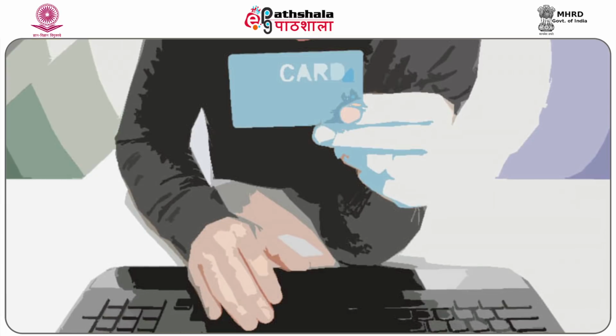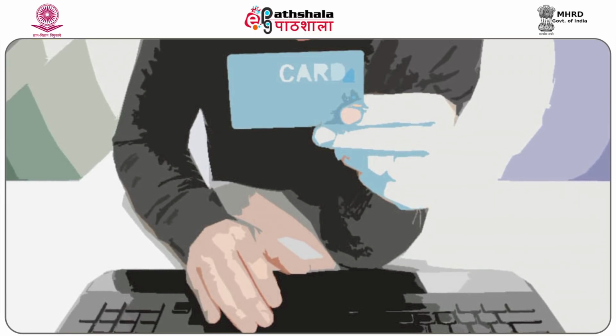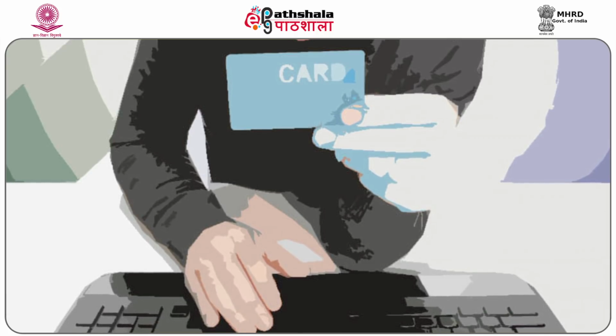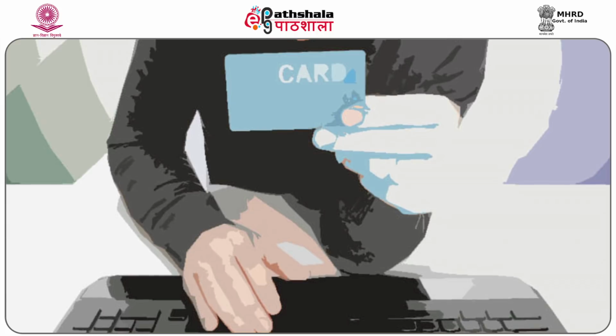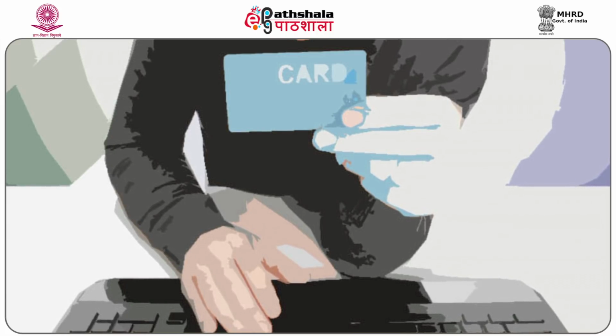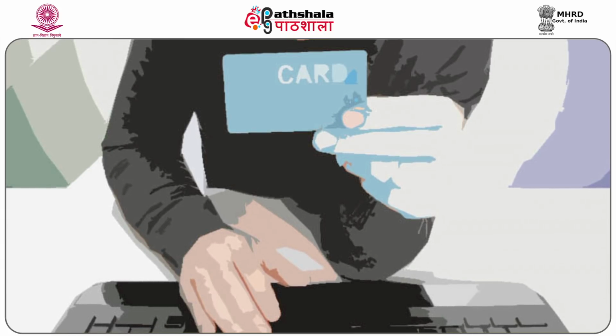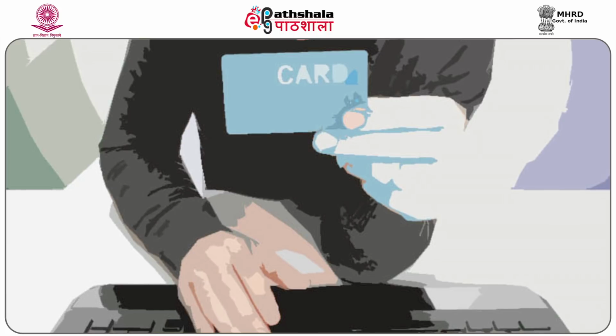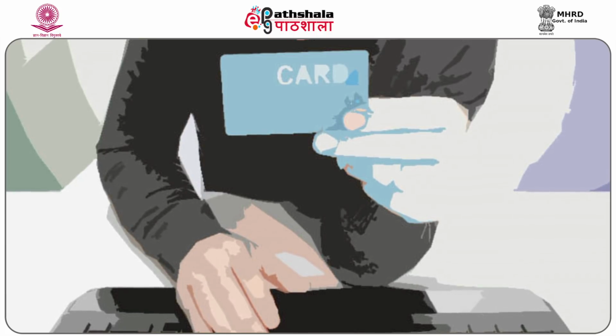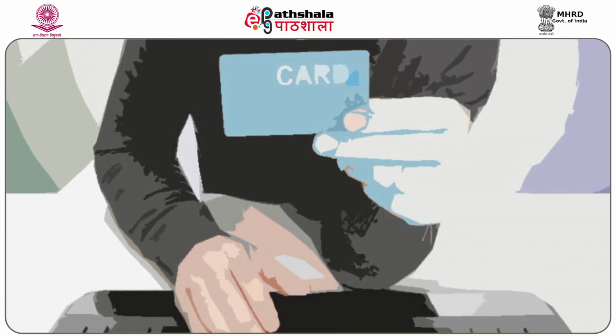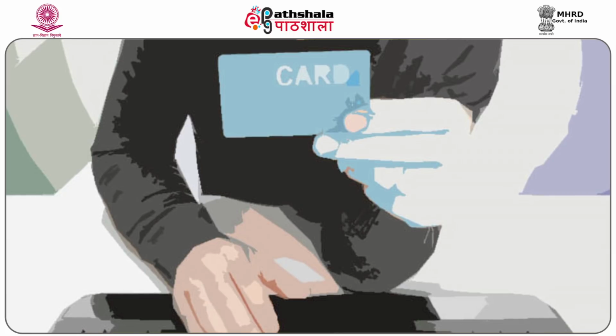It states that any person, including an intermediary, who while providing services under the terms of a lawful contract has secured access to any material containing personal information about another person, with the intent to cause or knowing that he is likely to cause wrongful loss or wrongful gain, discloses such material to any other person without the consent of the person concerned or in breach of a lawful contract, shall be liable for punishment with imprisonment for a term which may extend up to 3 years, and with a fine which may extend up to rupees 5 lakh, or may be punished with both.